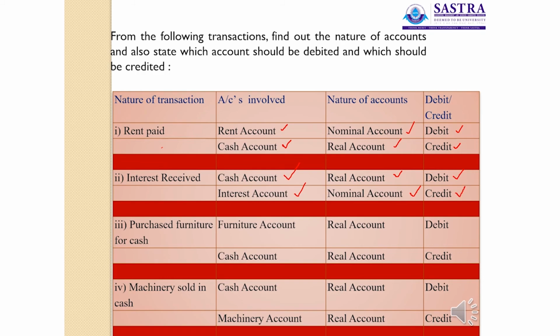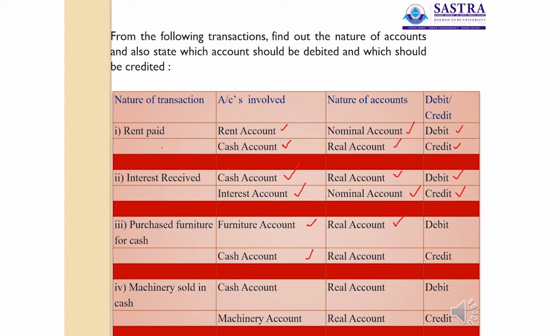Then the next one is purchased furniture. Here what are the accounts involved? Furniture account and another one is cash account. Furniture account is a real account.